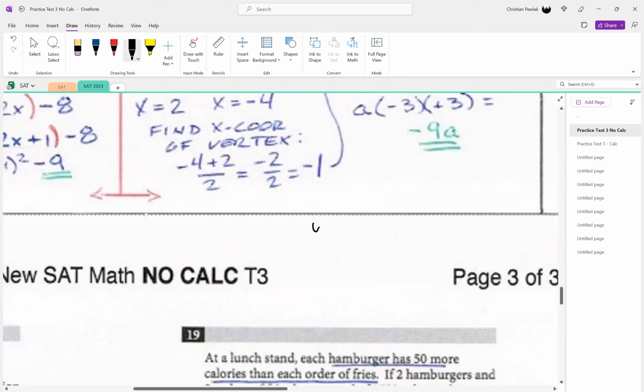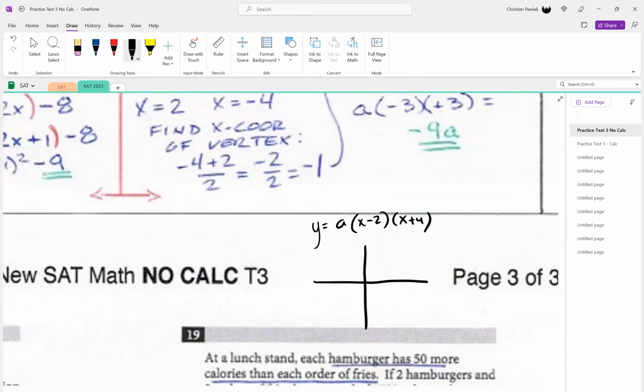If I have y equals a times x minus 2 times x plus 4, what I do know is that if I plug in positive 2, that'll give me a point of 0 on the parabola. If I plug in x equals 2, I get this point.